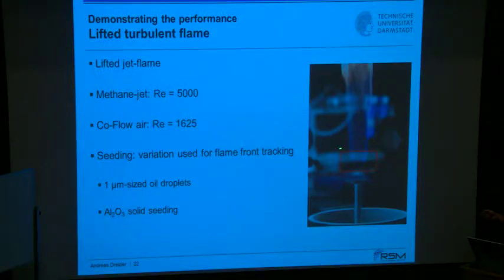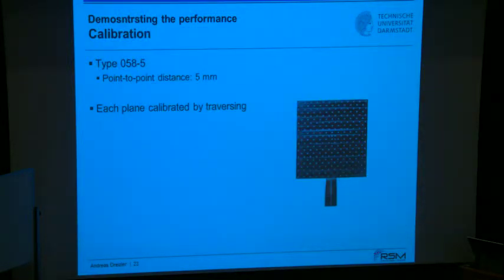Everything has been directed on the region of interest, which is a region corresponding to the liftoff height. Of course, you do have some variations, but with this Reynolds number it was always within the area where you have the light sheets.